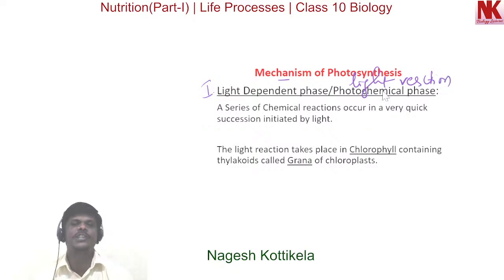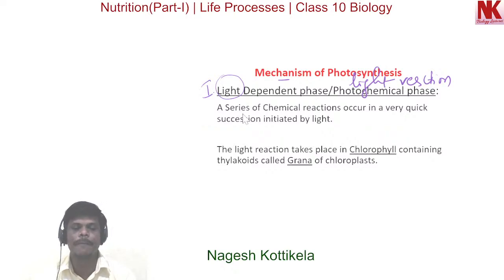Okay, I repeat this once again. Light dependent phase, or photochemical phase, or light reaction. These are the different names that can be used for describing one of the phases in photosynthesis. Very simple: light is necessary for this phase. Light is necessary for the reactions of this phase to occur.